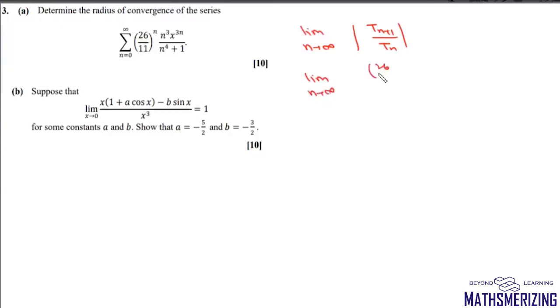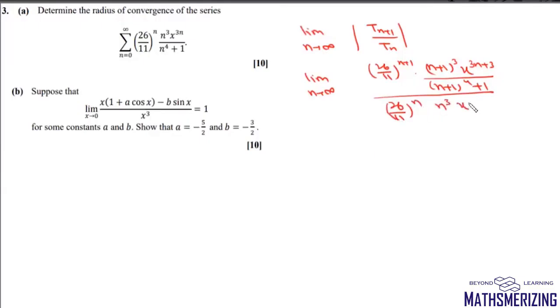It is 26 by 11 to the power n plus 1, cube x to the power 3n plus 3, upon n plus 1 to the power 4 plus 1, upon 26 by 11 to the power n, cube x to the power 3n upon n to the power 4 plus 1, with this mod sign.